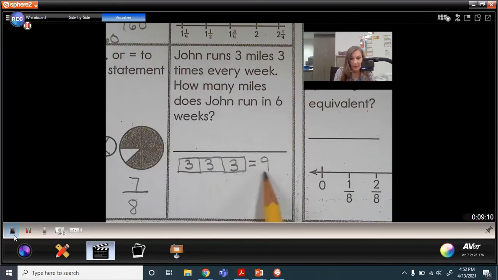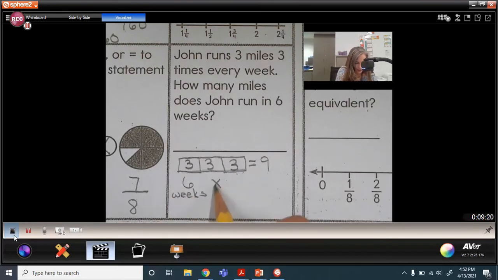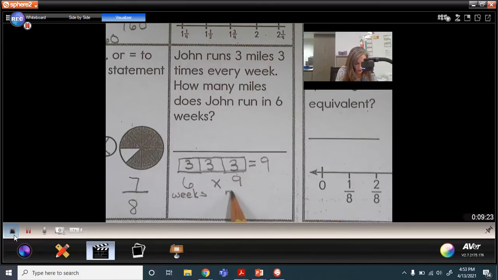Right, I would multiply this 9 by 6 because this is just 1 week. So if I take 6 weeks and I multiply 9 miles each week, then by the time the 6 weeks is over, he will have run.